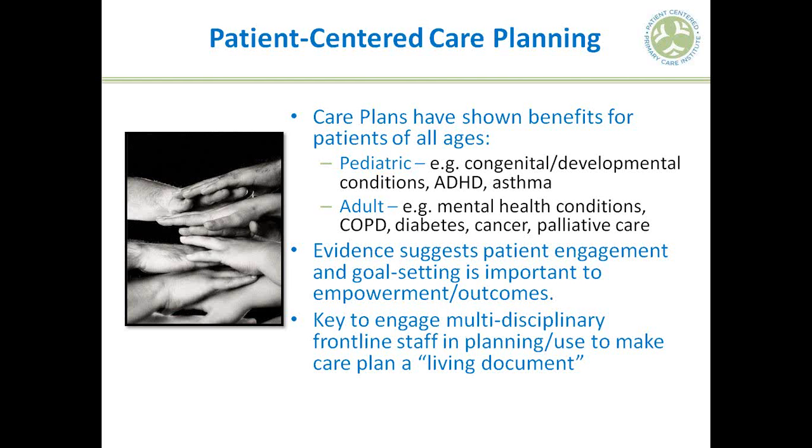We have our own goals of a pediatric patient using their controller inhaler twice a day like they're supposed to, or a diabetic with a hemoglobin A1C under 7, but those aren't usually their goals. So meeting patients where they are and helping them establish their goals in the context of their illnesses, if they have them, is what is going to make a care plan successful.